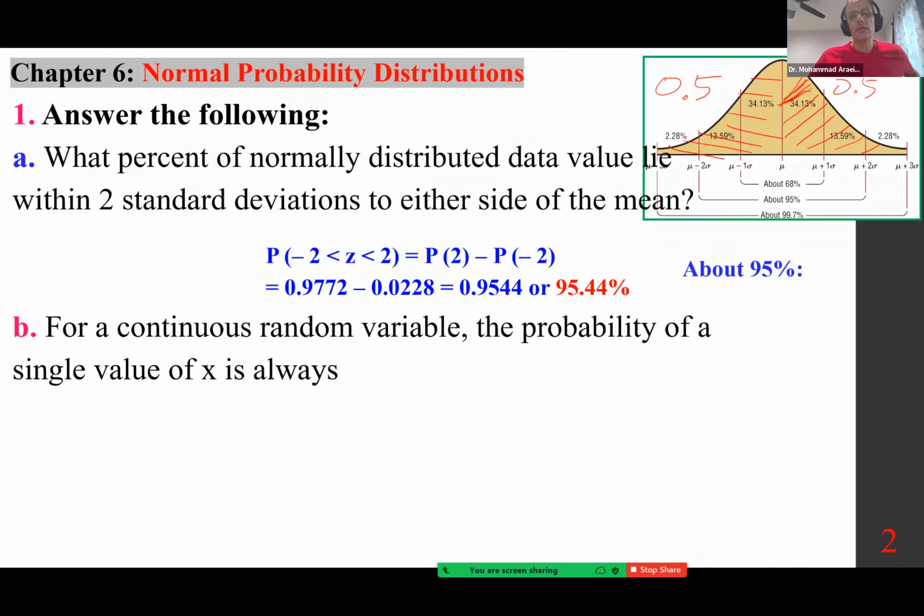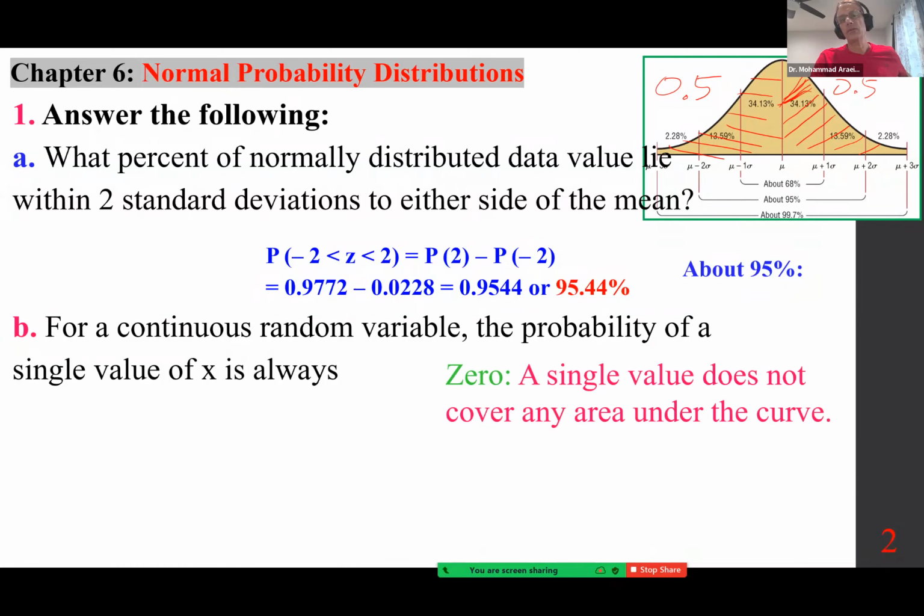For a continuous random variable, the probability of a single value of x is always 0 because a single value does not cover any area under the curve.